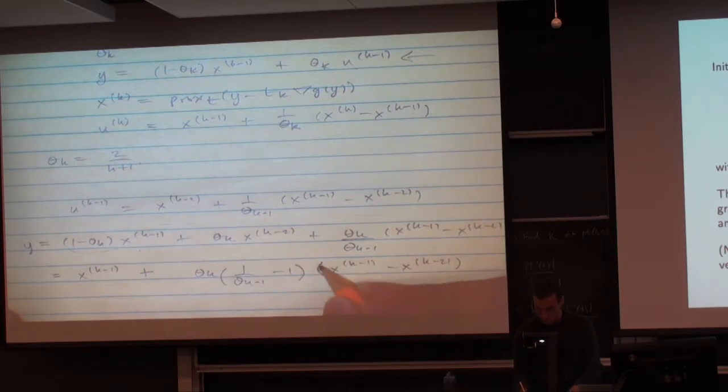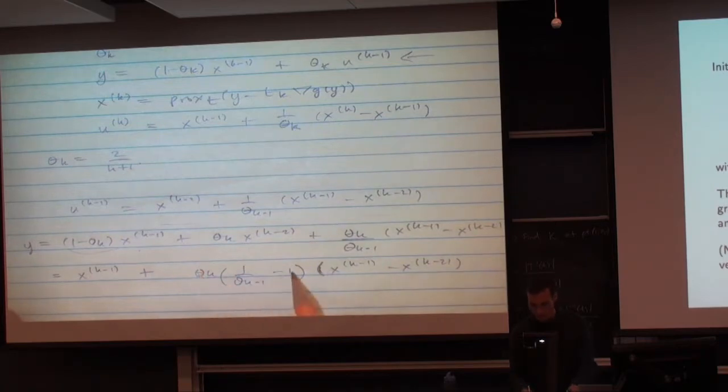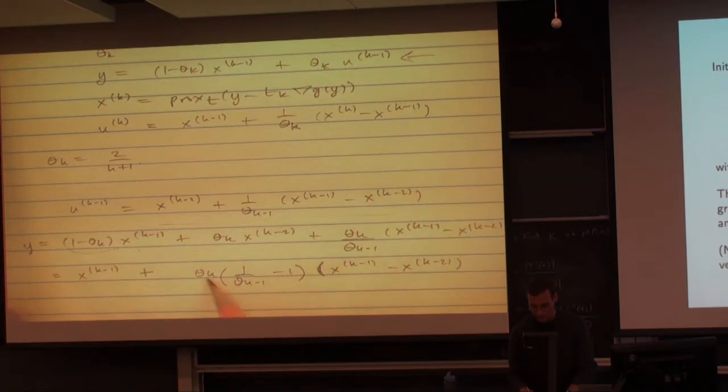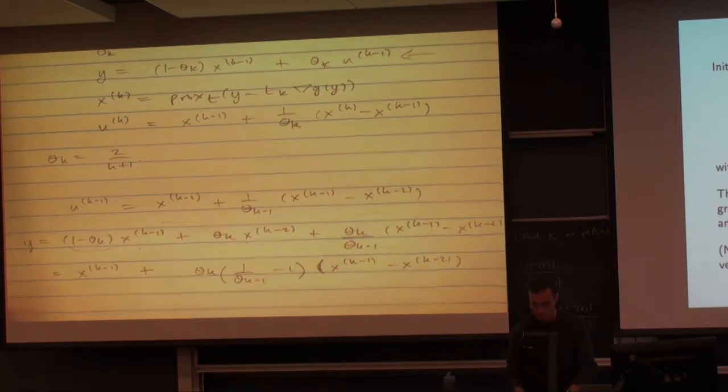So let's just check that's the same. I have a minus theta_k times x_{k-1}, which was here. And I have a minus theta_k times x_{k-2}. I have a plus theta_k times x_{k-2}, which was here. And then these terms just come from these multiplications here. Okay, so they're the same thing.